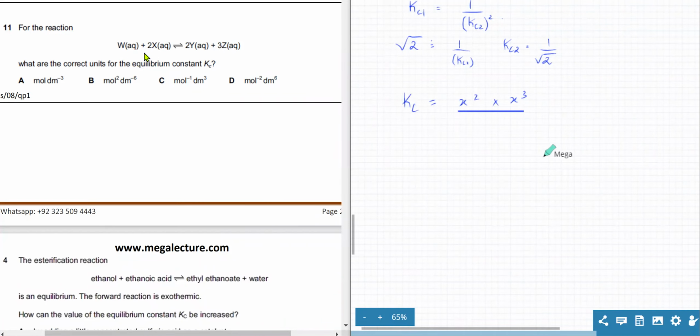So that's w into x squared. If you simplify this, the end result would be that you're going to get x squared. X was concentration. So that's mole per dm cubed, squared. So it's mole squared and dm to the minus 6. Okay, so just use concentration as x and then simplify.